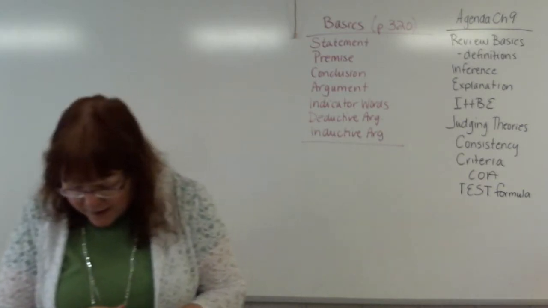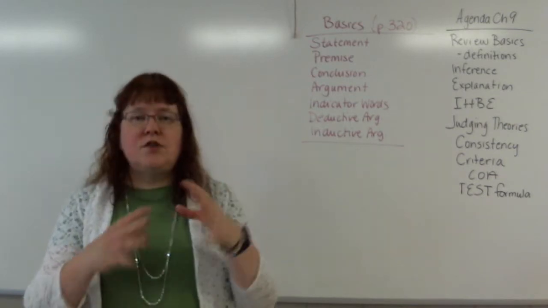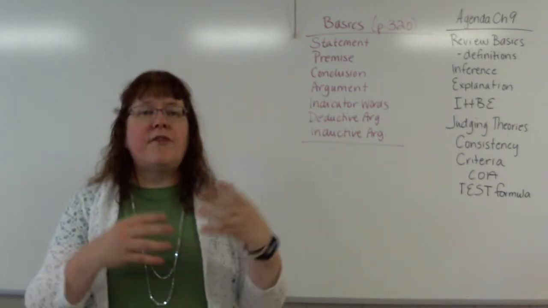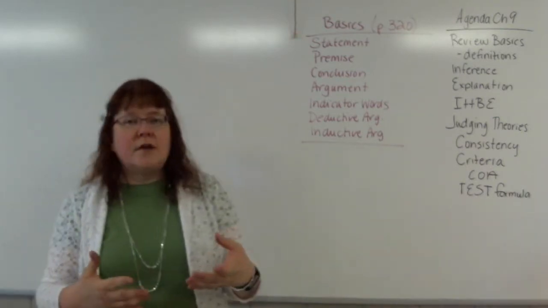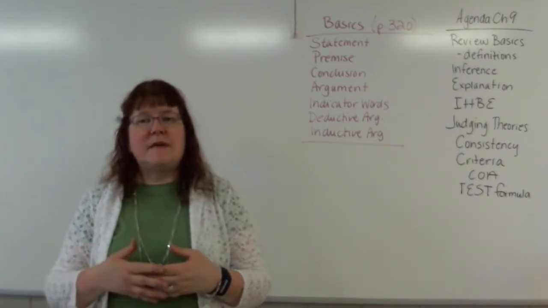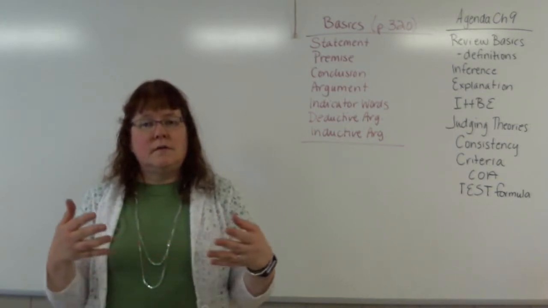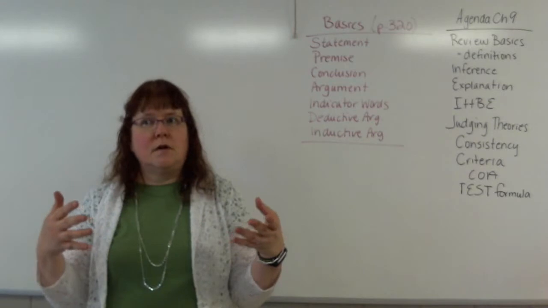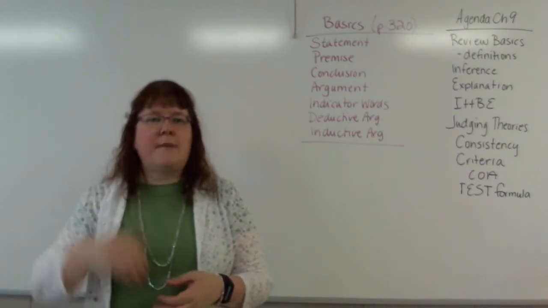So when we look at explanations, we have two different kinds, right? We have theoretical explanations, which is where we're going to live most of the time in this. And theoretical explanations just mean we don't have the capability or the observational skills or whatever it is to know this particular thing absolutely.